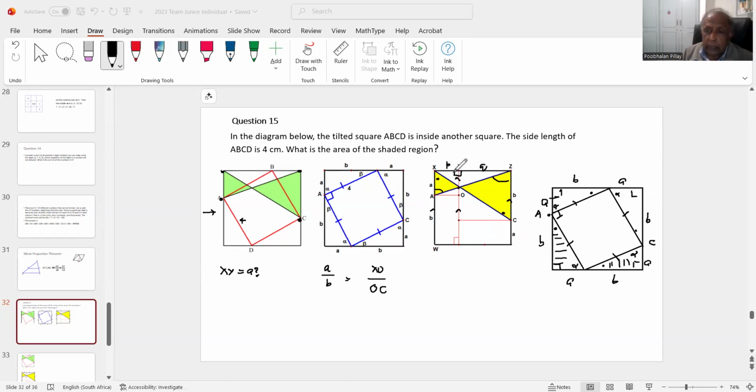So co-interior angles or corresponding angles are equal, and therefore these two lines are parallel. This is the mean proportion theorem. XZC is a triangle, with a point on one of the sides and a line parallel to this. Therefore this ratio XO over OC is equal to P over Q.